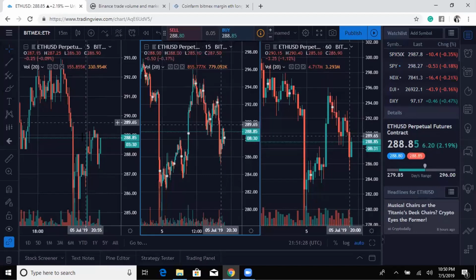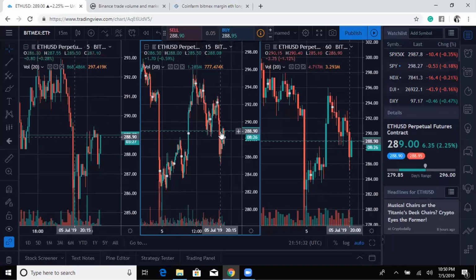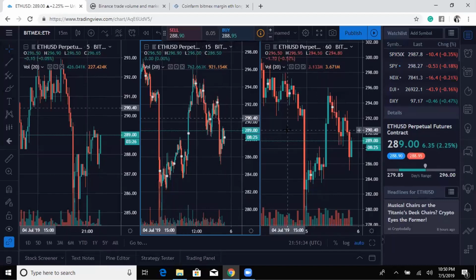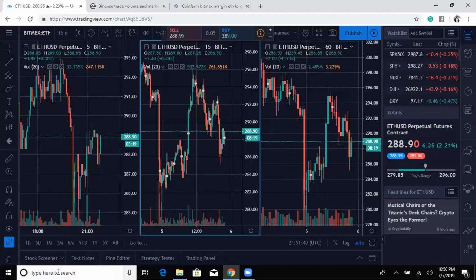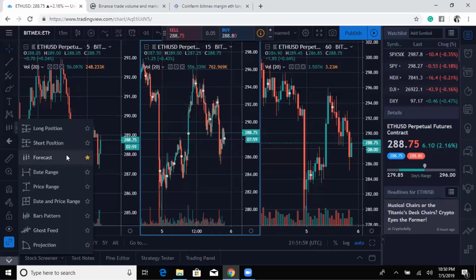Don't just rely on the 5 minutes. Make use of the 15 minutes and of the 1 hour. So just looking at this right here using the 15 minutes, let me quickly show you. If you were waiting for a confirmation of a breakout using the 15 minutes and the 1 hour, with a quick forecast from here, I've had that selected already.